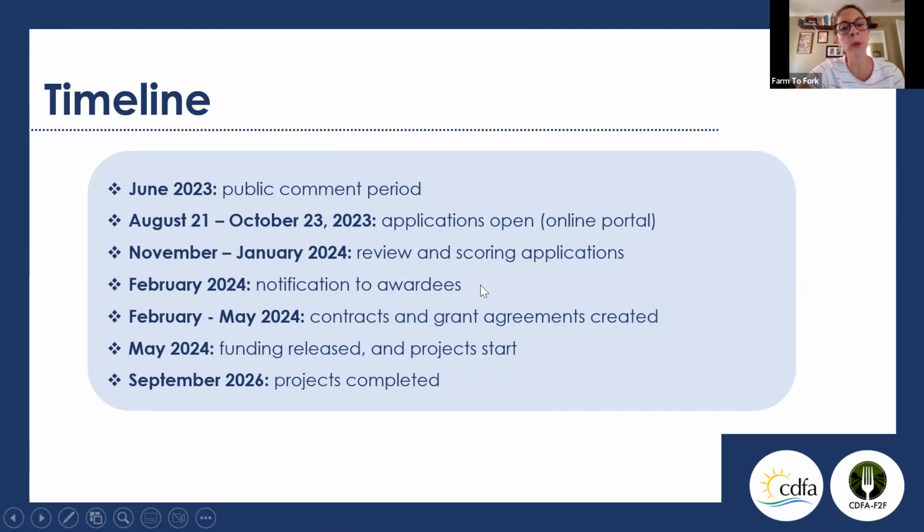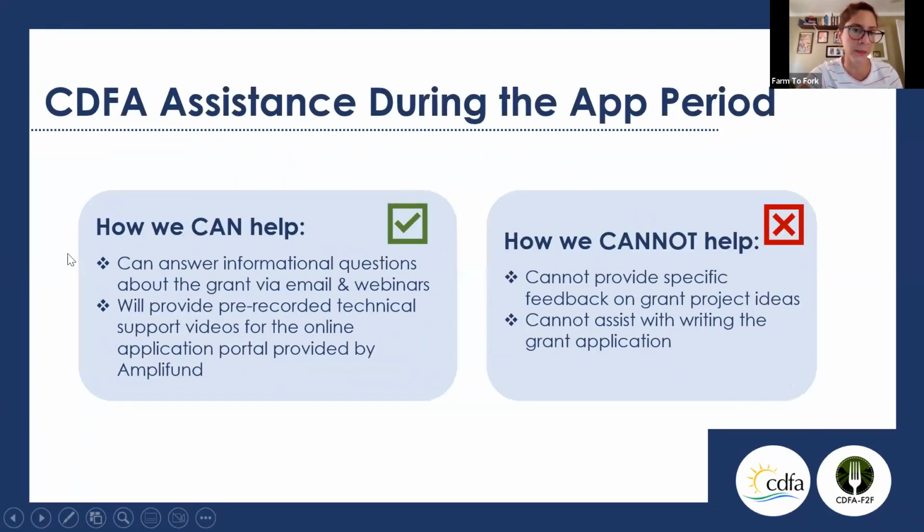In February, we will notify awardees who have scored high enough to get an award. And then February through May will be the period where awardees will work with CDFA to complete their contracts and their grant agreement. And then we hope to have the funding released for projects to start in May. And again, folks will have until September 2026 to complete their project.